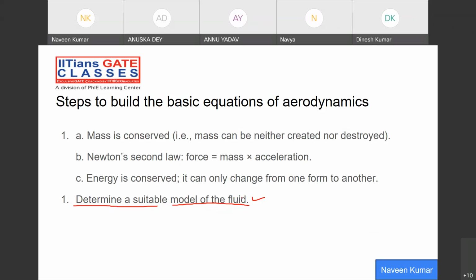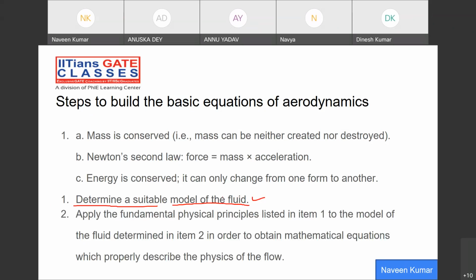That is the first step you have to do. Then apply the fundamental physical principles listed in item 1 to the model of the fluid determined in item 2, in order to obtain mathematical equations which properly describe the physics of the flow. So before starting any problem, first of all, we have to define a suitable model. That is the first thing.